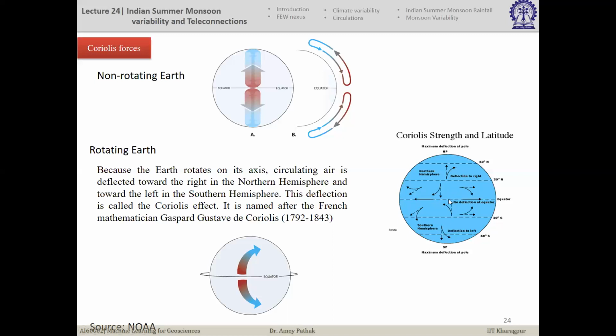This is how the Coriolis force acts and how it helps in forming circulation. We'll discuss that in more detail when we discuss ocean currents and how winds are deflected. Another important thing: over this region the deflection is higher, so winds become more deflected over regions more distant from the equator.